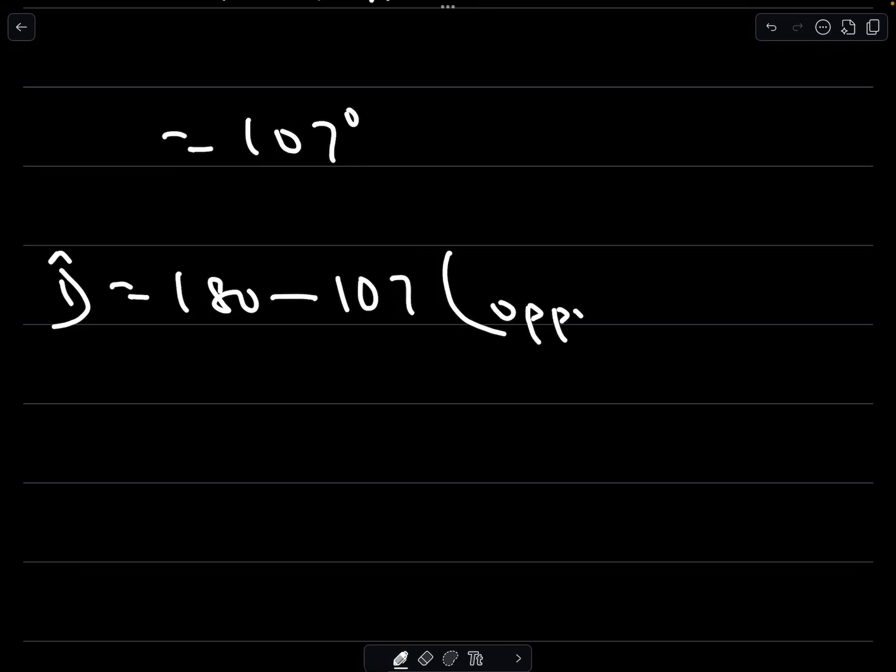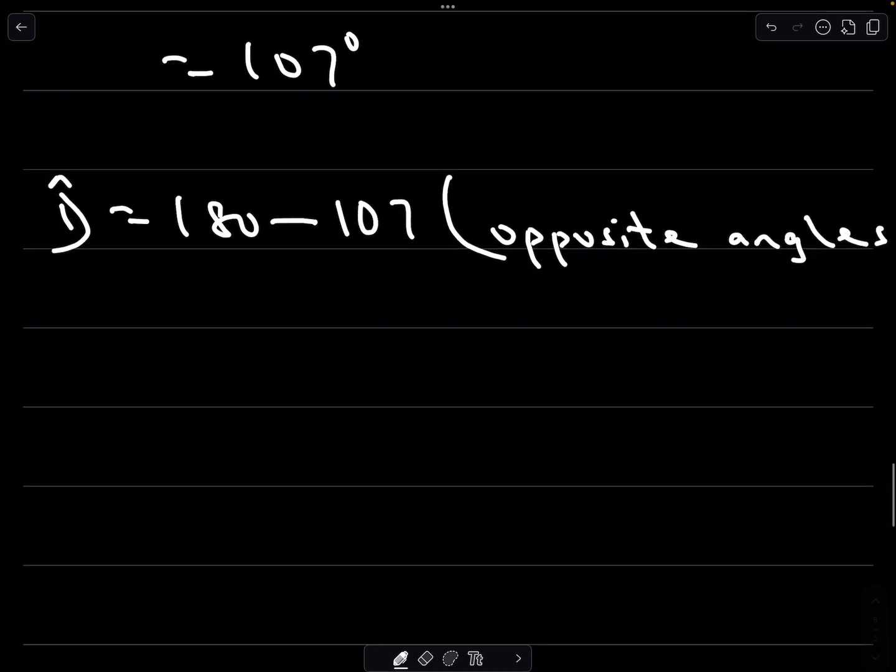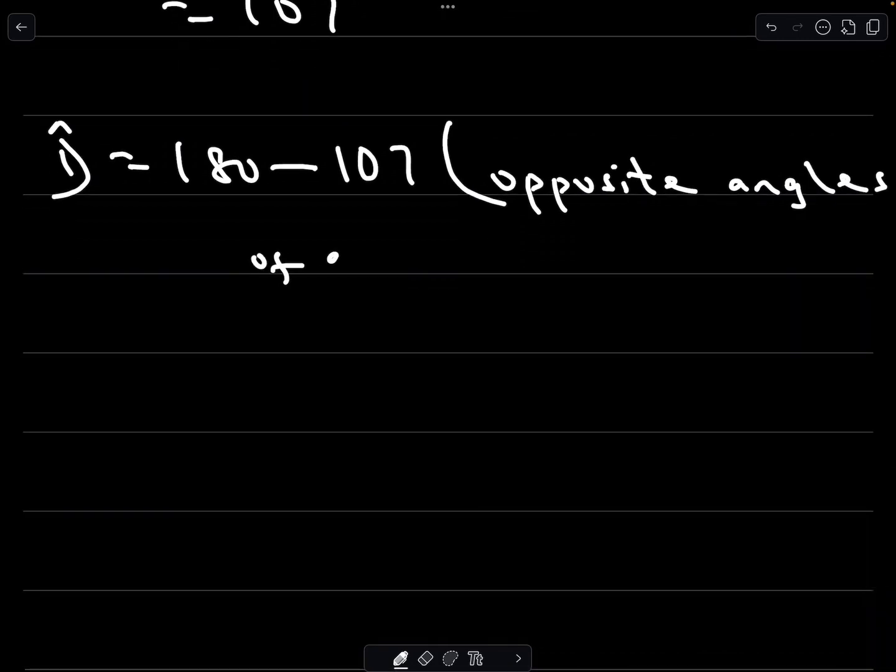The reason is opposite angles of a cyclic quadrilateral are supplementary.